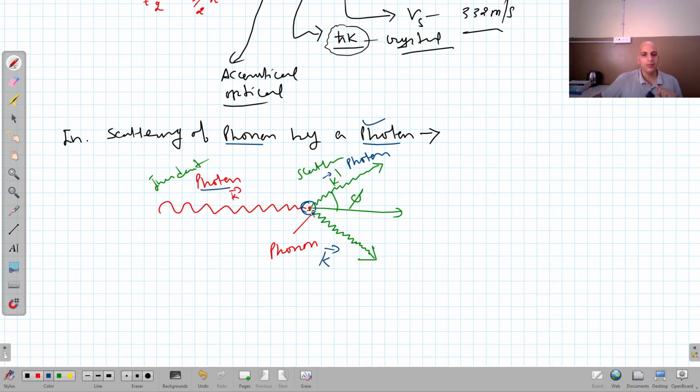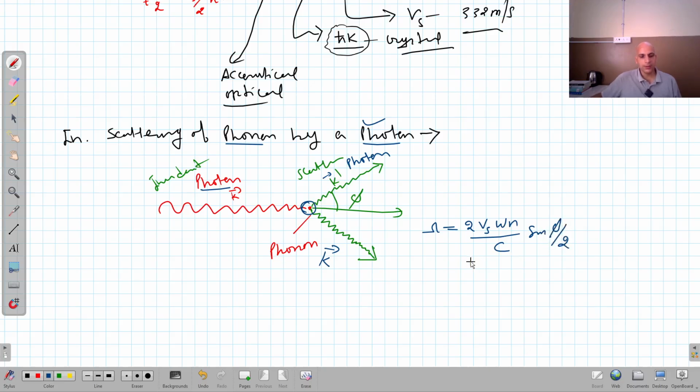This is a phonon. When they undergo collision, we have this kind of interaction, and then we have a formula that is given as omega is equal to 2 vs omega n divided by c into sine of phi by 2.